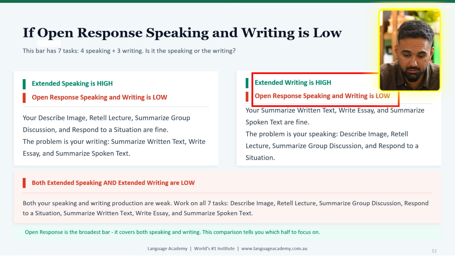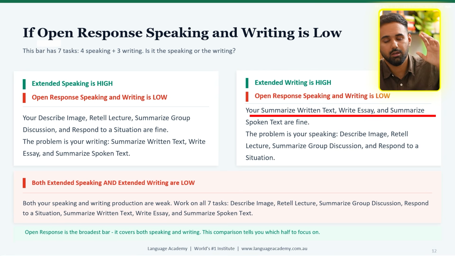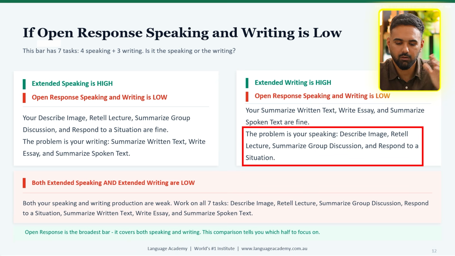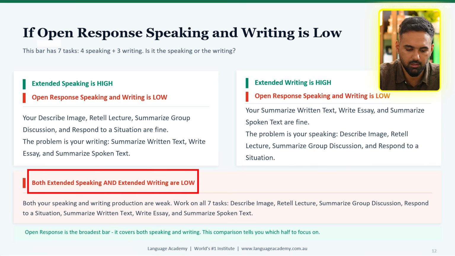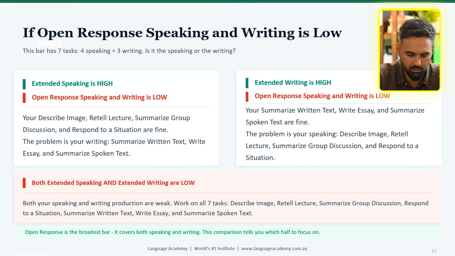If extended writing is good but open response speaking and writing is low, that means your 3 question types, summarize spoken text, written text, and essay, are good, but you have to work on 4 question types from speaking, which are describe image, retell lecture, summarize group discussion, and respond to situation. If both are low, then you have to work on all the different 7 question types.